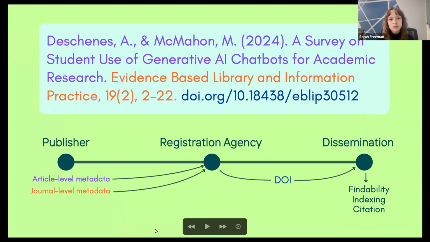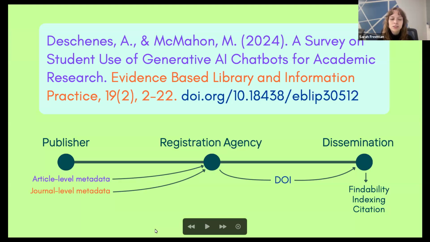And this is how DOIs are registered. So DOIs are registered by a publisher when an article is published. What that publisher does is they bundle up a bunch of metadata associated with the article and the journal that's publishing the article, and they pass it off to a registration agency. So at the U of A, we use OJS, and we have a plugin that does this for us.